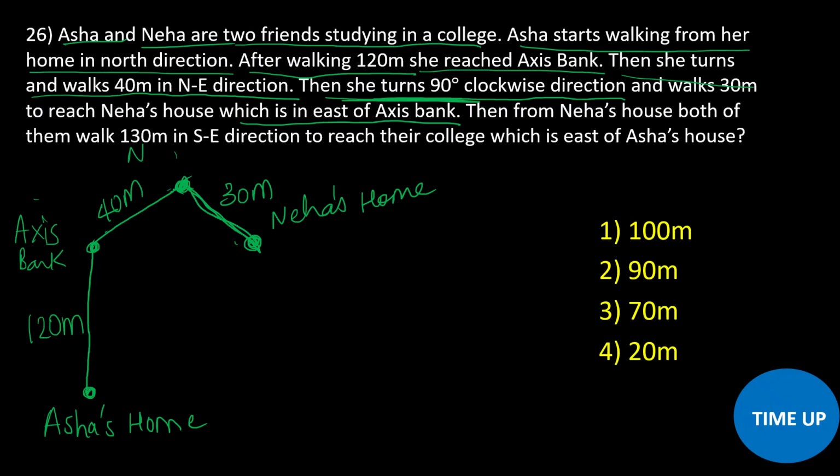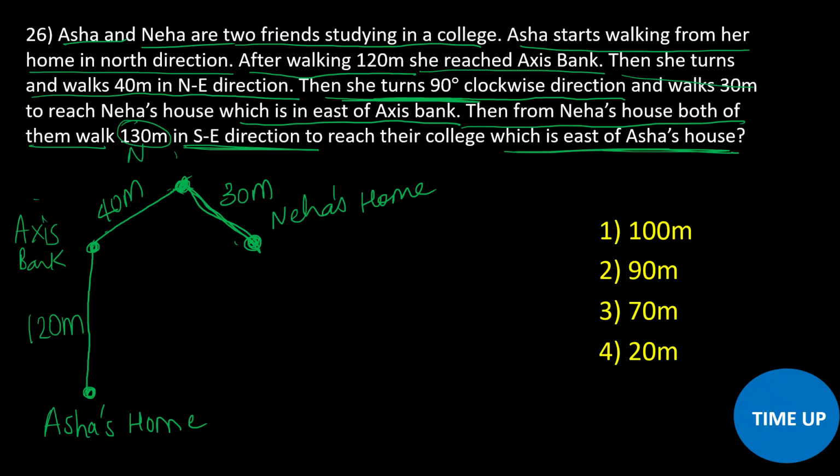Next. Then from Neha's house, both of them, now Asha and Neha, both of them, they walk 130 meter in the southeast direction to reach their college, which is east of Asha's house. So they walk southeast direction. Okay, fine.